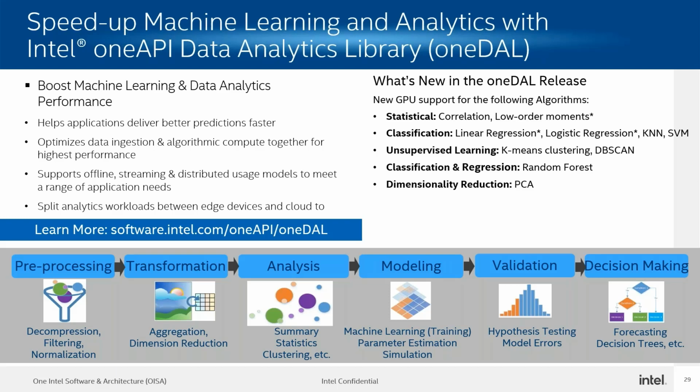After that, the machine learning algorithms: the training or parameter estimation, the hypothesis testing or model errors, and the validation stage can be covered. And the final step for some machine learning algorithms, like forest or decision trees, we can do the decision making with OneDAL.